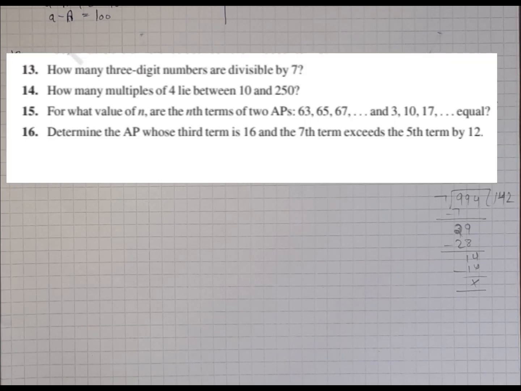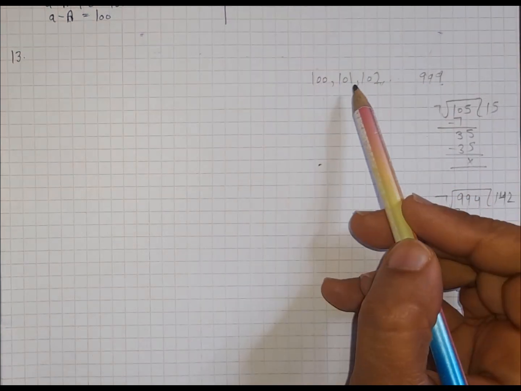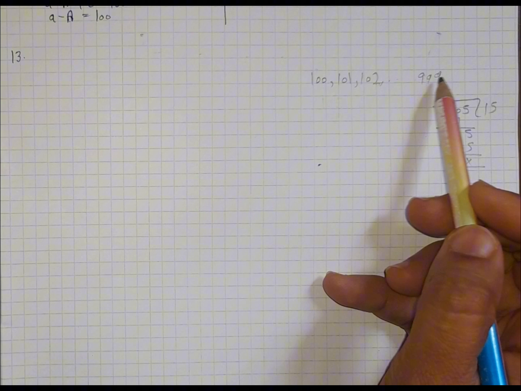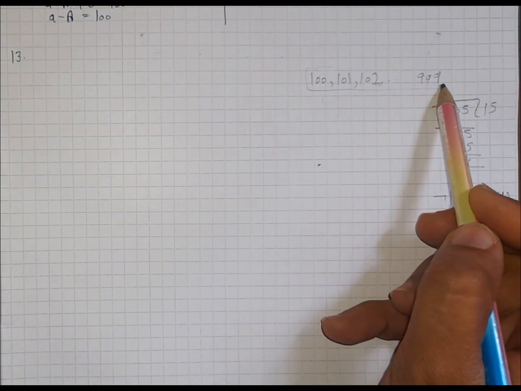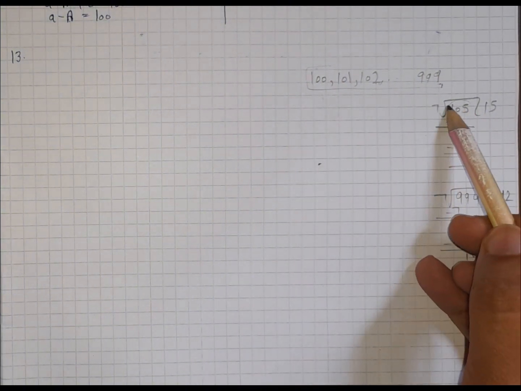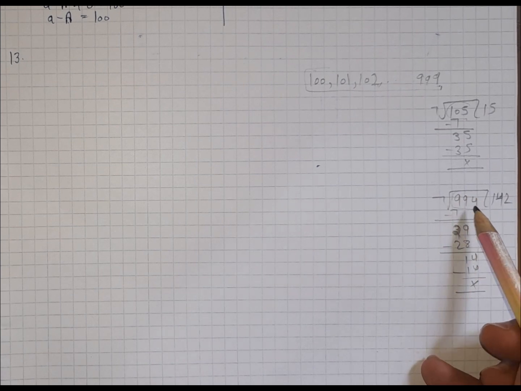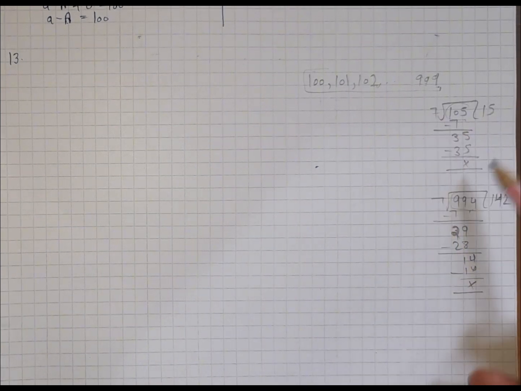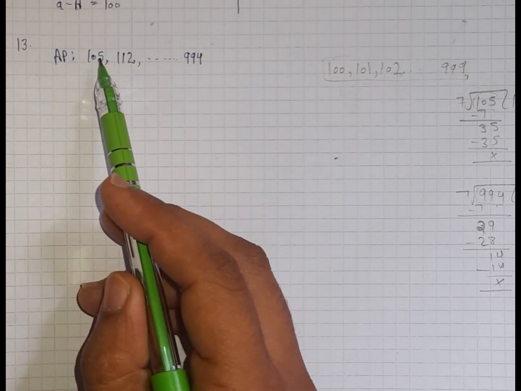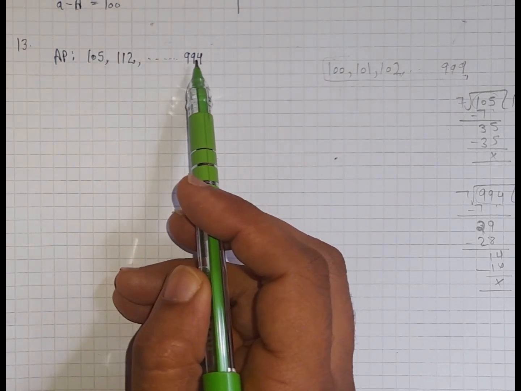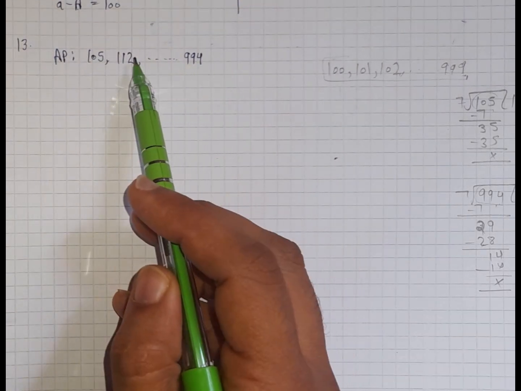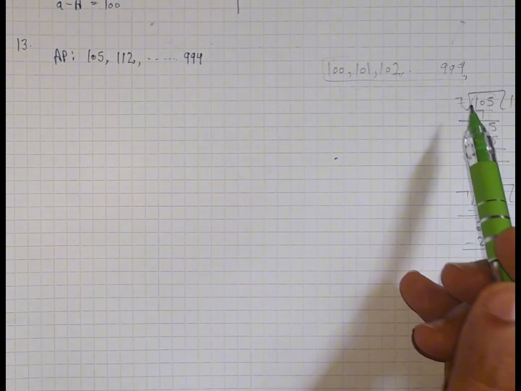Question number 13. How many 3-digit numbers are divisible by 7? Now 100, 101, 102 up to 999 are the 3-digit numbers, from where 105 is the smallest and 994 is the largest 3-digit number that is divisible by 7. So 105, 112 up to 994 is the series of numbers which are divisible by 7.